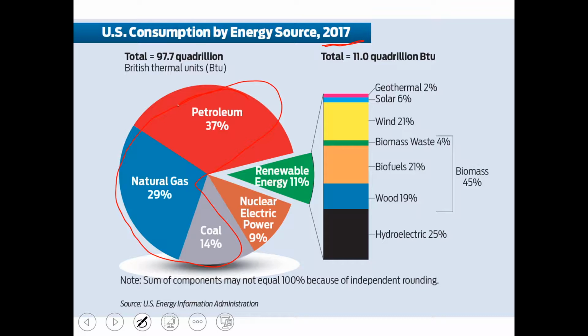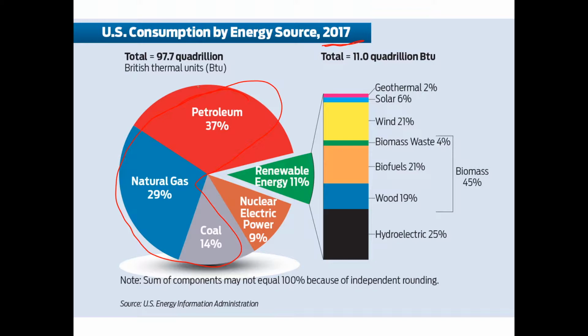It's really very sad that we still haven't made that much progress. 9% comes from nuclear energy, which creates hazardous waste products of its own that are dangerous to the environment. Not so much fossil fuel emissions, but things like radioactive waste that stay dangerous for thousands and maybe even millions of years. And then 11% of our energy comes from what we call renewable energy sources.